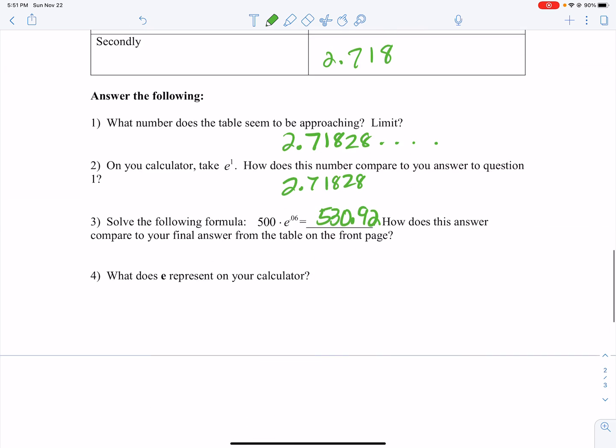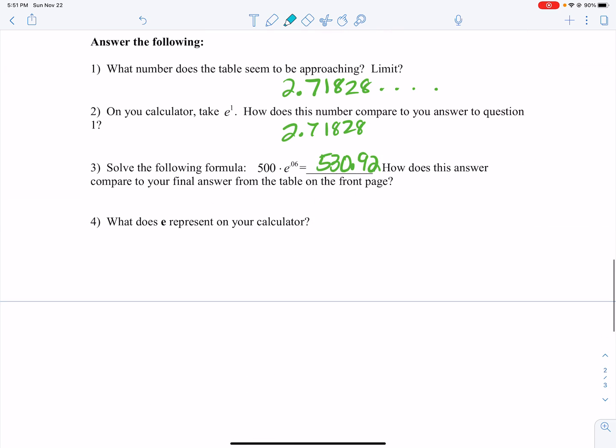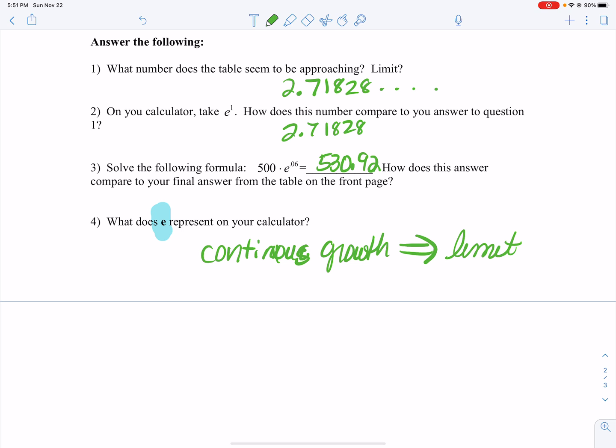So what they found is that E represents continuous growth, or decay, or whatever you're working with. It is the limit that a compounded function will approach.